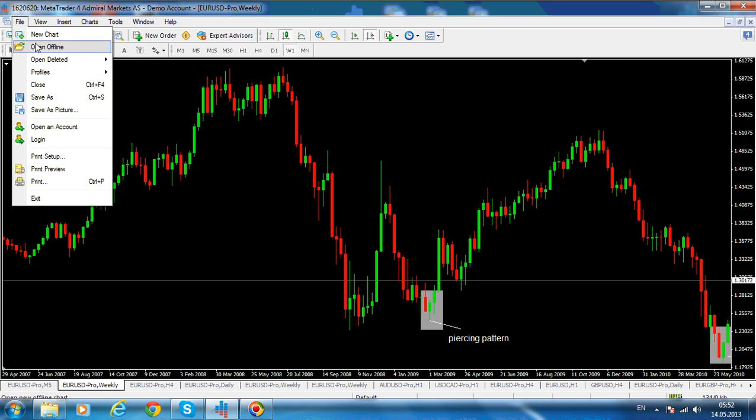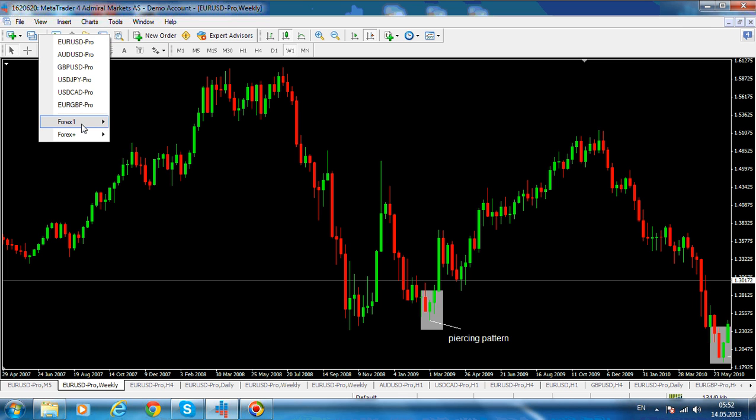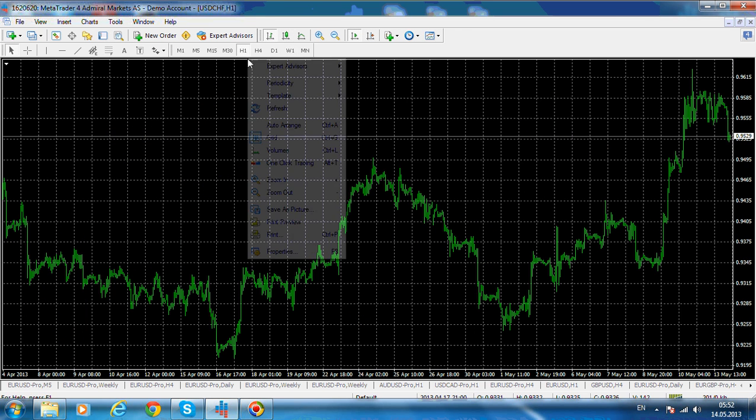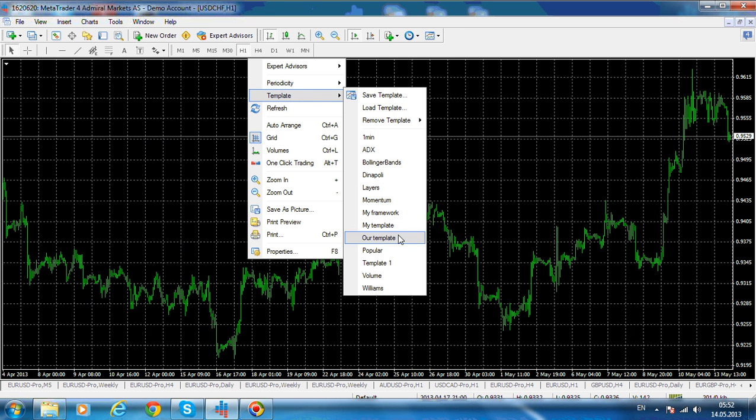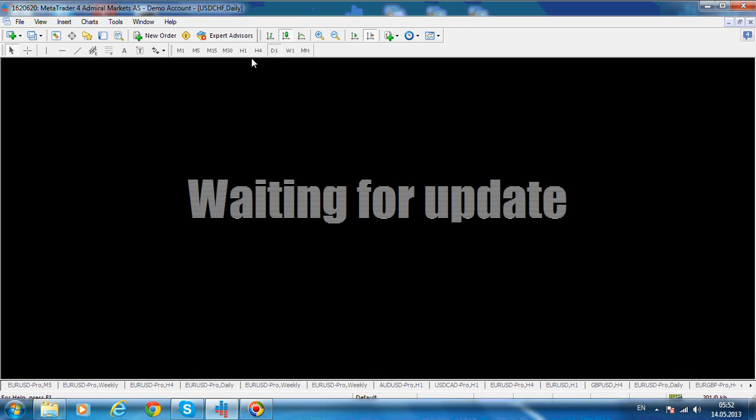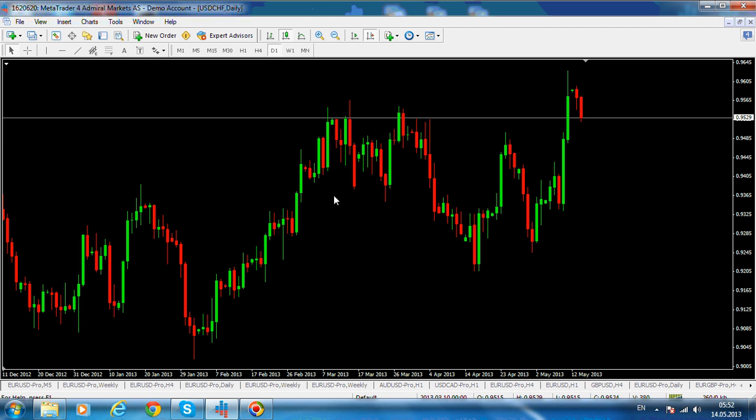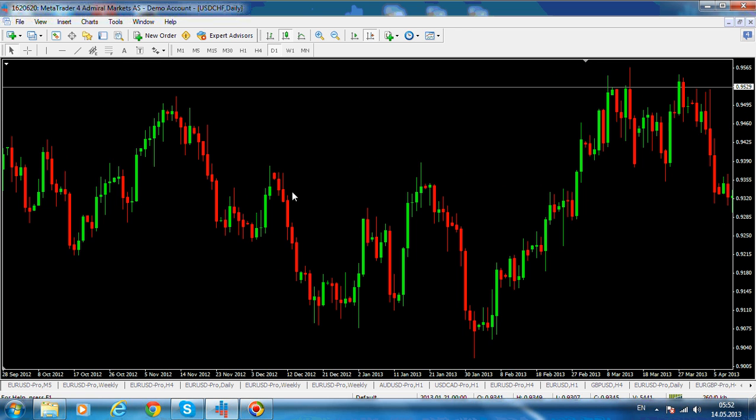Let's open file, new chart. Let's open, I don't know, the US dollar Swiss franc, and let's make a template, our template, and make it a daily chart. On a daily chart we are looking for a falling trend, and on the falling trend we're looking for the piercing pattern.